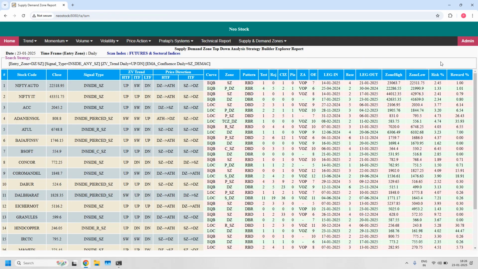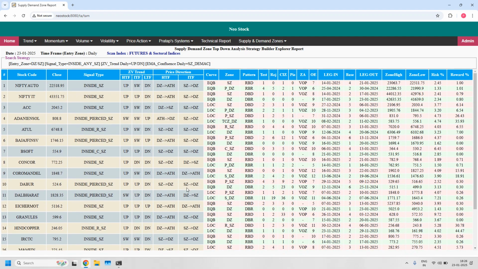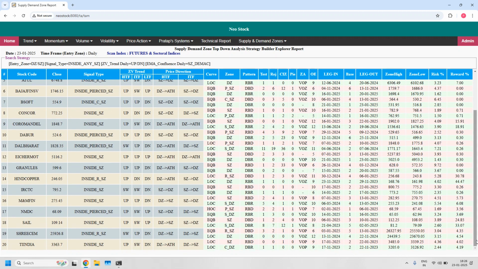Let's filter. Now the list has come down to 20 stocks. First 15 stocks in the list. I am scrolling the list down. So these 20 daily supply zones are having daily EMA Confluence. This is about daily time frame.